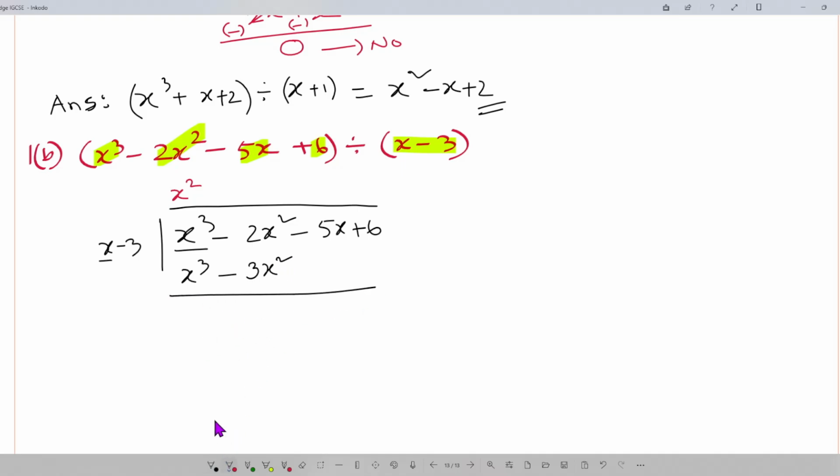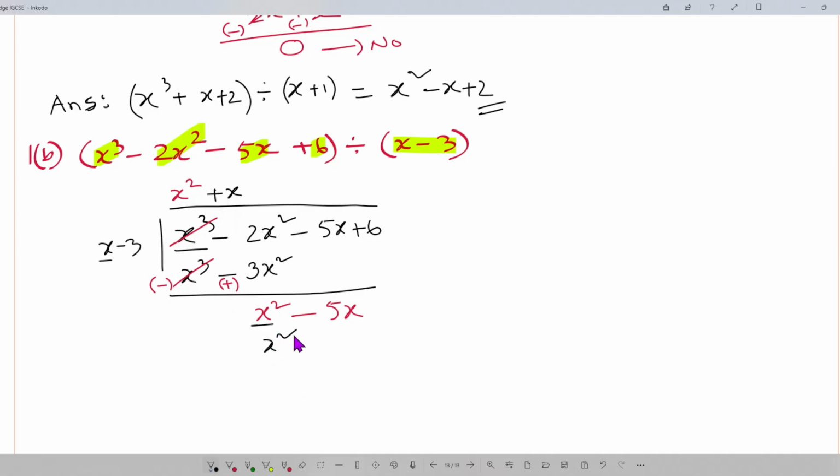Then we will subtract, minus plus. So x cube minus x cube out. Minus 2x square plus 3x square will be x square, and then minus 5x, right? Now look, the first term is x square, and dividing by x, it will be plus x.